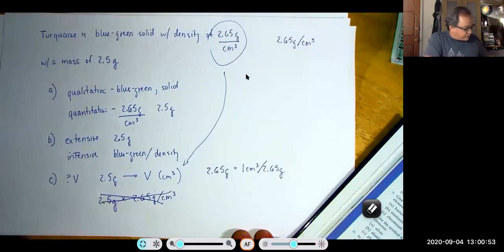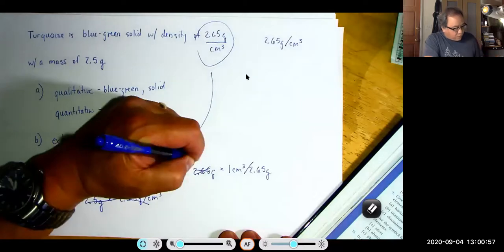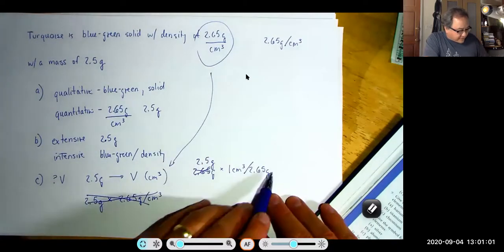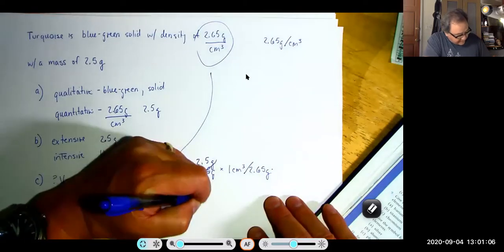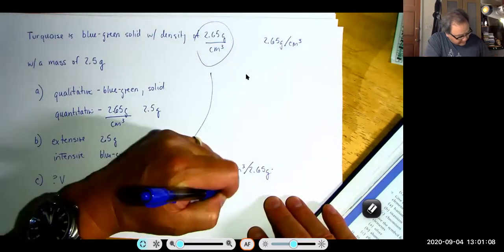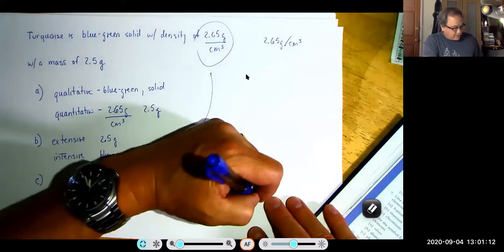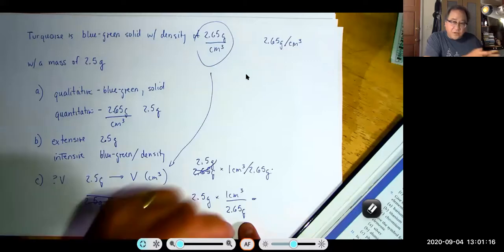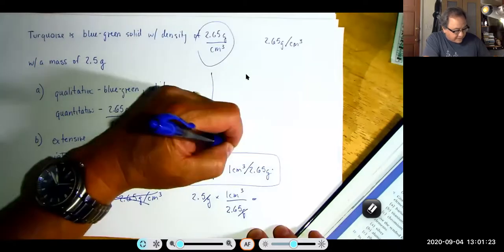Oh, this isn't 2.65, it's 2.5. I'm sorry. That would work. Is it real easy to see that the grams cancel? To me, it's not. Okay, is it really easy to see that the grams cancel because one's in the numerator, one's in the denominator? Yes. This is not clear.